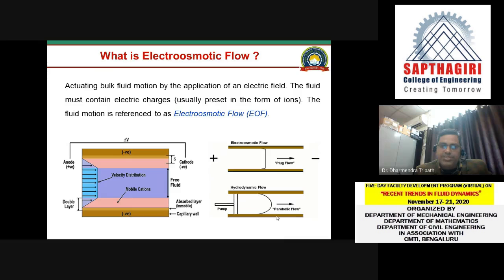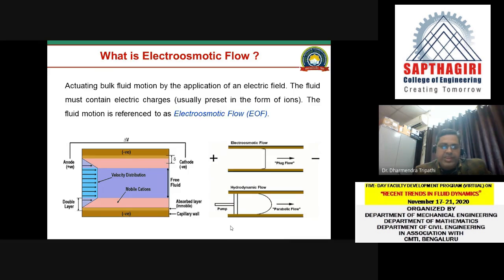So sometimes it is known as hydrodynamic flow, pressure driven flow, or parabolic flow. And when there is no change in the fluid velocity, it is considered fully developed flow. So this is under the pressure driven flow.